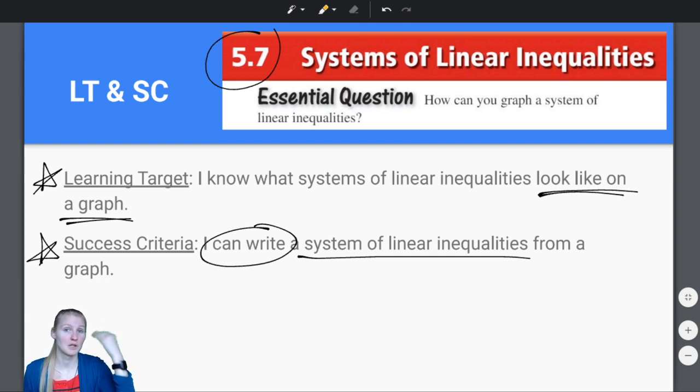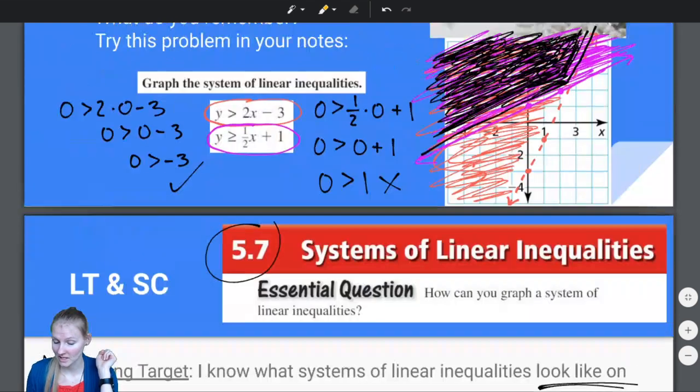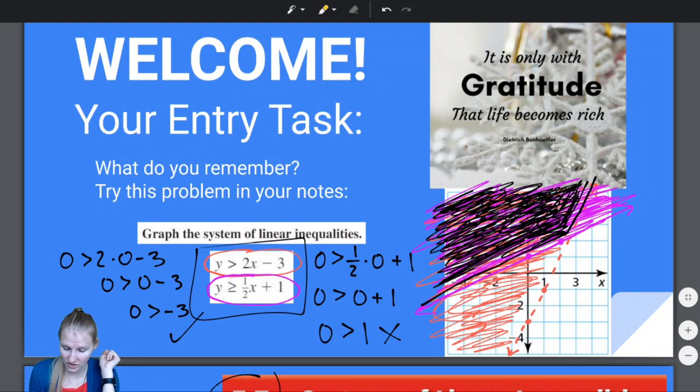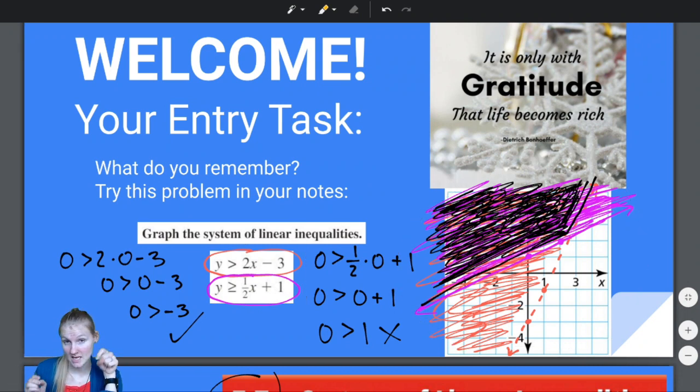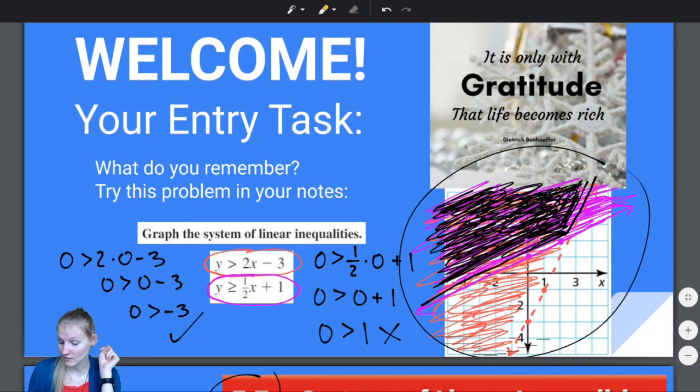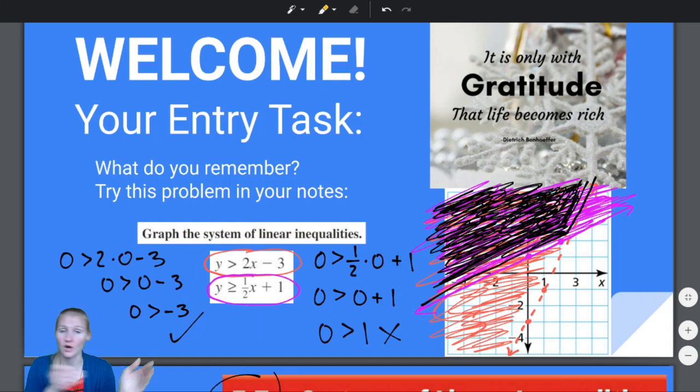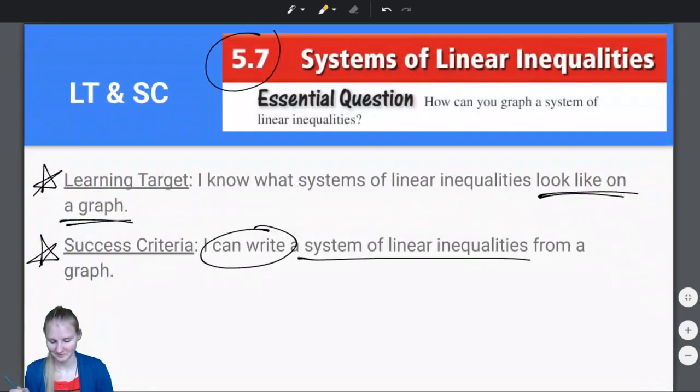So, in the last video, like in the entry task, I gave you a system of linear inequalities, you gave me a graph. Today, in this video, I'm going to give you the graph. You need to write me the system of linear inequalities. So we're doing the reverse of what we did yesterday.